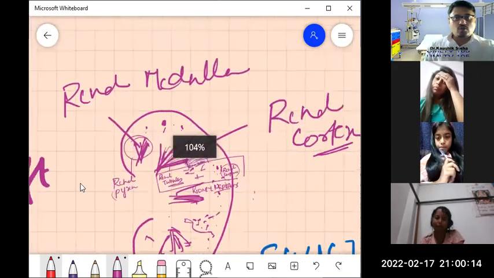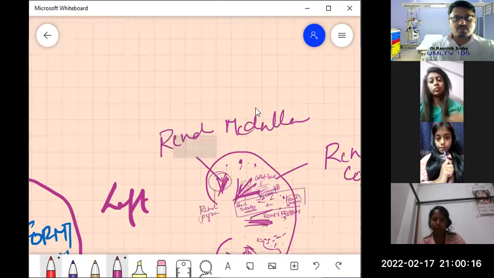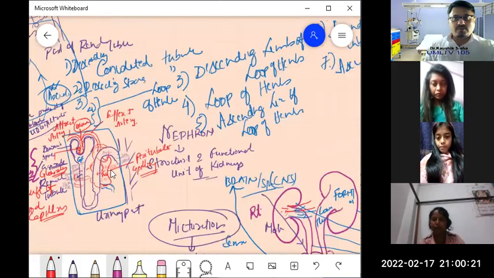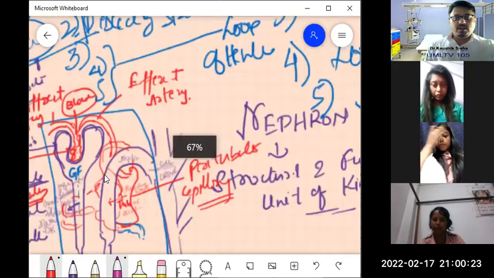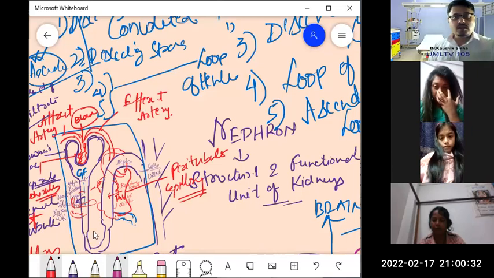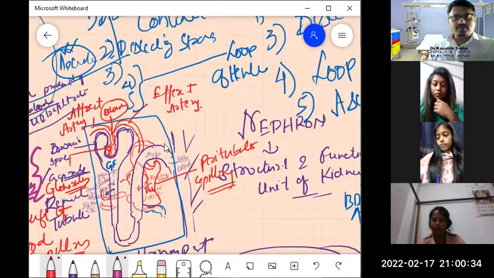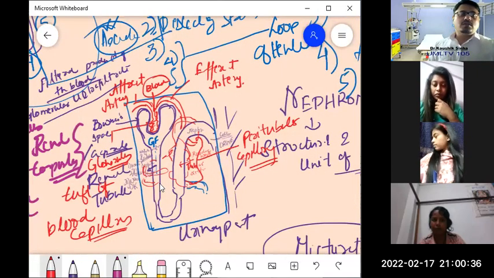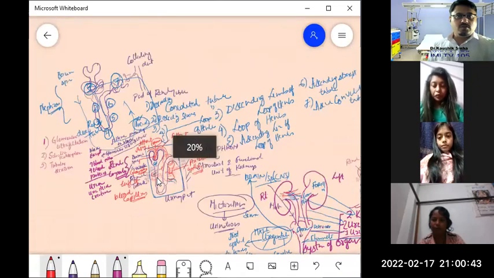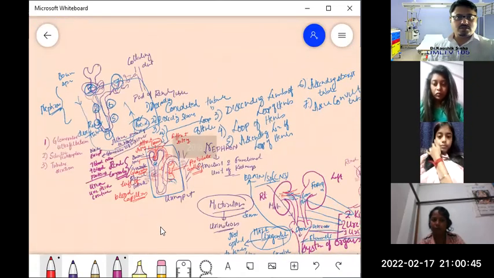The microscopic structure of the kidney is the nephron, which is shown here in detail. The nephrons of the kidneys are basically the urinary part. But urine is the product of blood after filtration. So this is how the entire filtration and the other two steps, selective reabsorption and tubular secretion, are shown in the diagram. With that, for the last 1 minute, the entire session comes to an end.